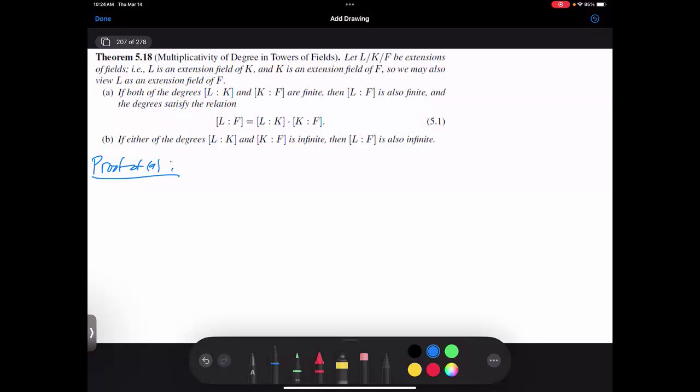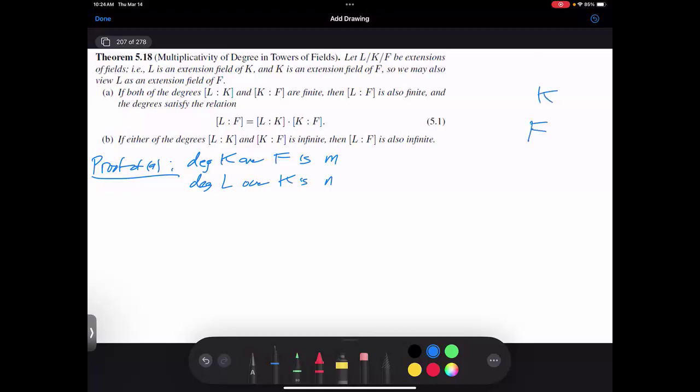Let's try to think about what it means. So if K is an extension of F, let's say the degree of K over F is M. Let's say the degree of L over K is N. So here is my F all the way downstairs.